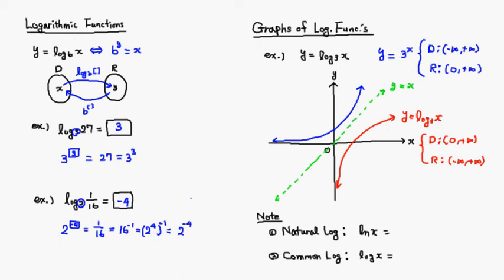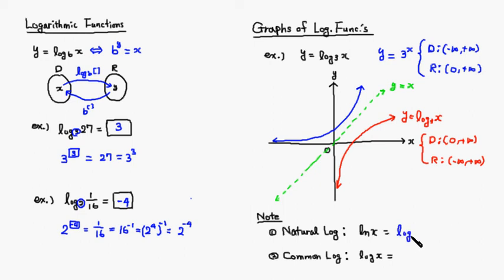One remark is that there are certain bases used more often than others. The first one is called the natural log. For lazy mathematicians, we have a short notation for everything. The natural log of x is ln of x. This is when the base is e, which is very convenient.